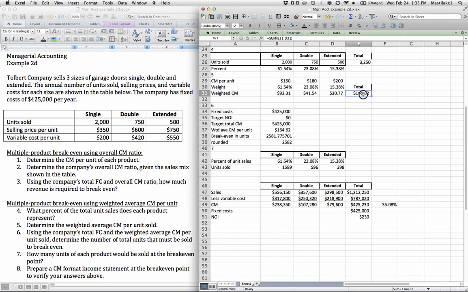Or we can compute a company-wide weighted average contribution per unit and then treat that just like a single product contribution per unit to figure out the total number of units sold. In either of those cases, what we would need to do is figure out how many units of each product we're selling if we want to know a product by product breakdown. But we don't need to do that to come up with the company-wide totals.